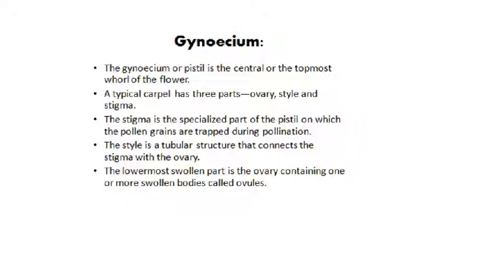The style is a tubular structure that connects the stigma with the ovary. The lowermost swollen part is the ovary, containing one or more bodies called ovules. So these are the characters of the gynoecium.